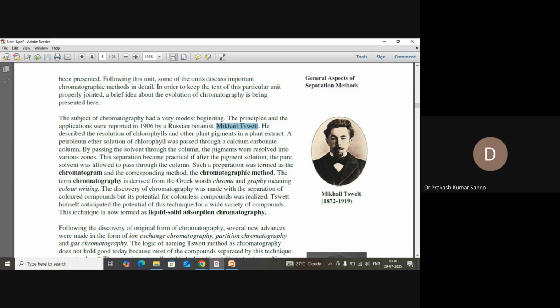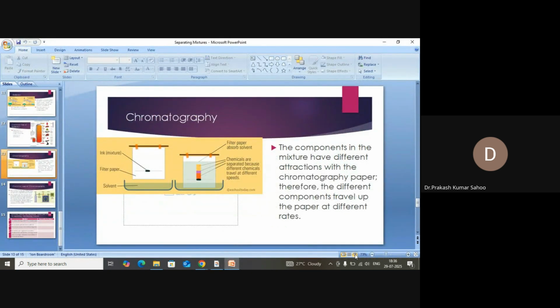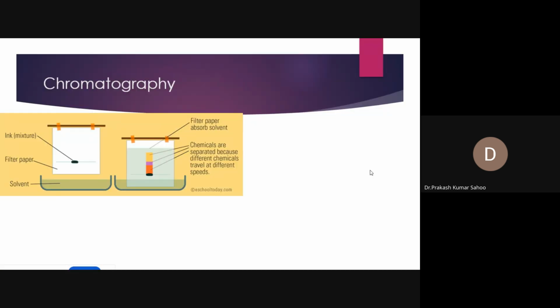According to him, when a mixture has different components, this is known as paper chromatography, where chromatography paper is used to separate the different components in a mixture.